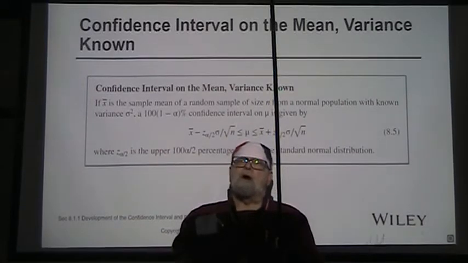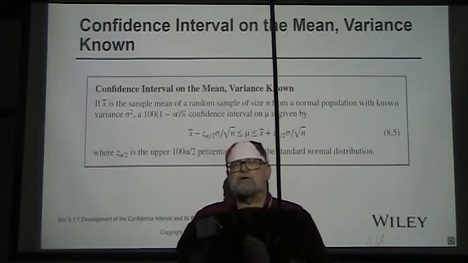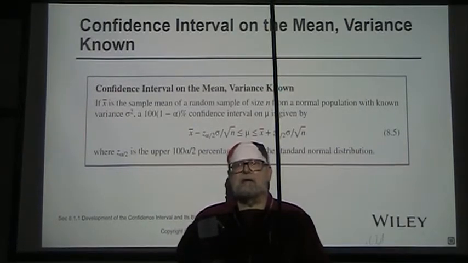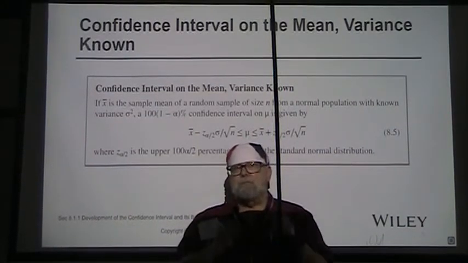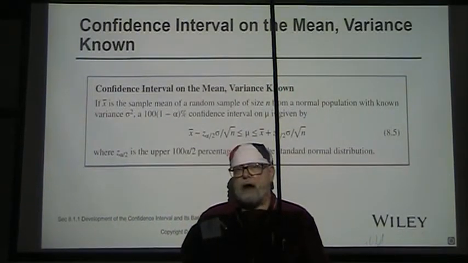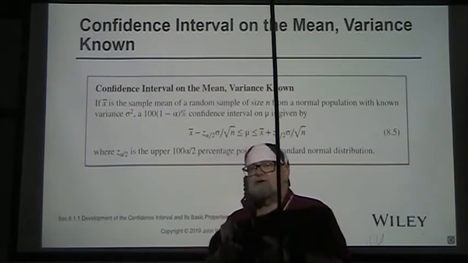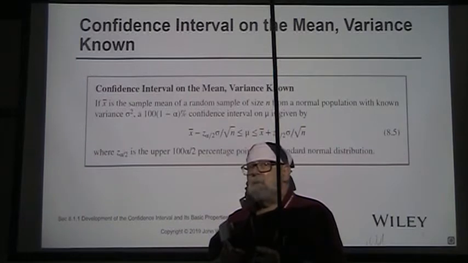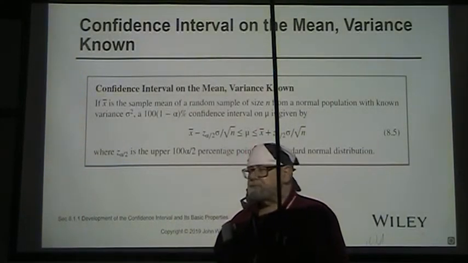Before we go any further, let's start talking about alpha. What is alpha? Alpha is a probability that we are working with, right? We are working with alpha, and alpha is the probability that we say we might be wrong in our approach.